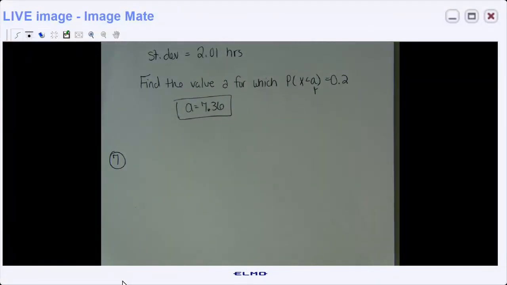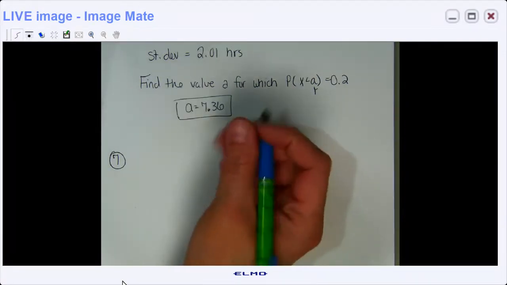My number 7 says, according to studies, 1% of all patients who undergo laser surgery to correct their vision have serious post-laser vision problems. In a random sample of 100,000 patients, let X be the number who experience serious post-laser vision problems.